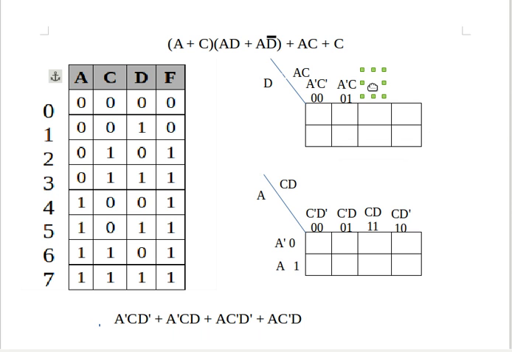Here I'm gonna change the A because I've already changed the C, so I'm gonna have A C, which is 1 1, and here I changed the A here, I changed the C here, I'm gonna have 1 0, which is A C prime. I did try that, so that would be 1 0.